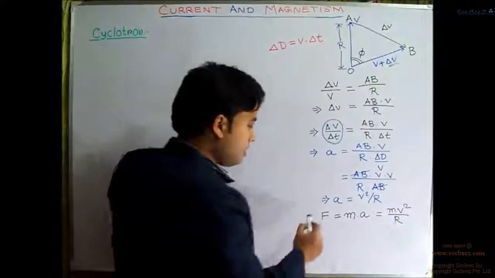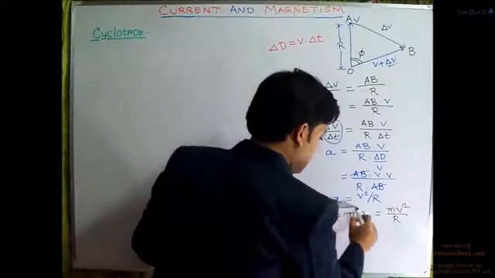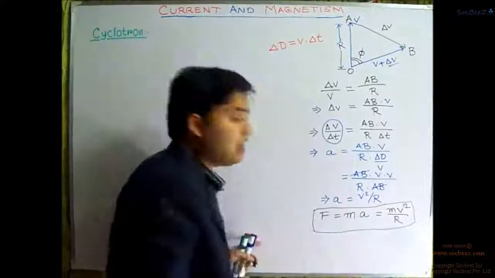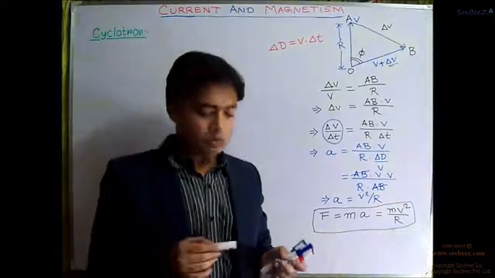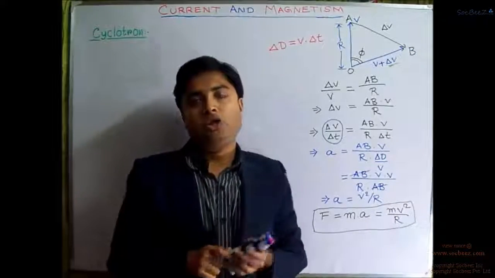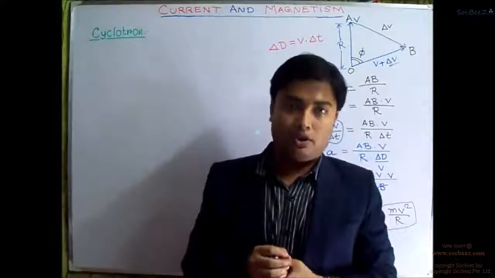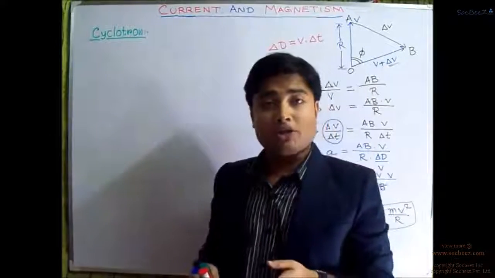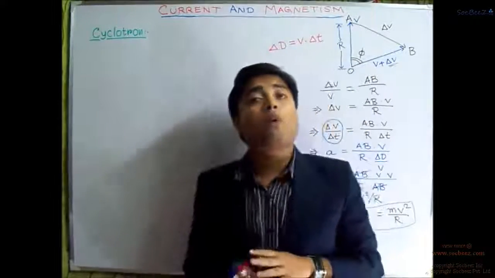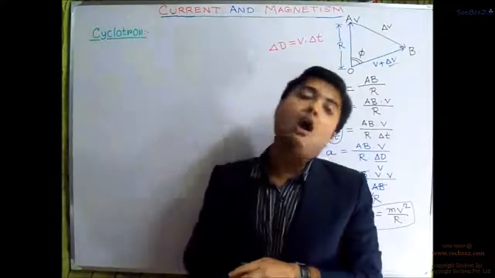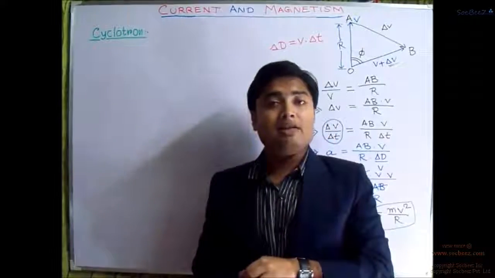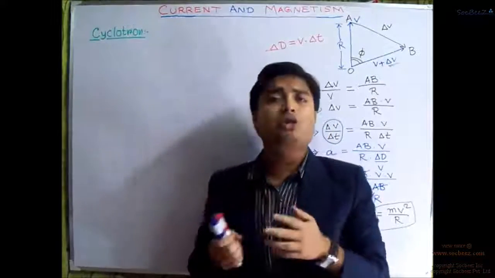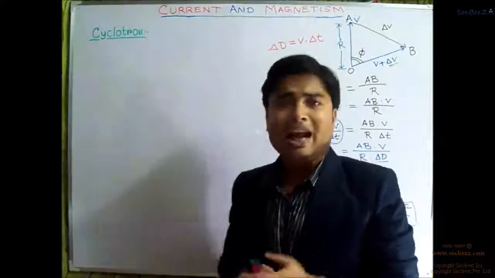Okay, for the time being, let us keep this derivation. And now we wish to focus on the cyclotron: what is its construction, what is the principle on which it is working and how it is working. After that, the derivation, like what will be its time period, its frequency of the accelerator, and likewise.